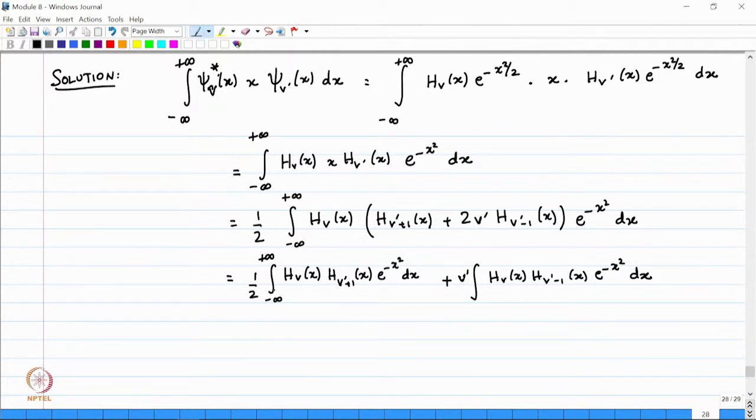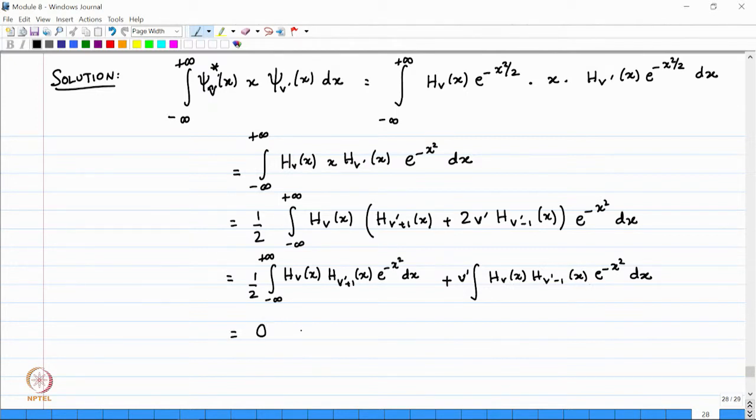So, you have these two terms. Now, using the orthogonality of Hermite polynomials, this is equal to 0 unless v equal to v prime plus 1. So, the first term goes to 0 unless v equal to v prime plus 1, second term goes to 0 unless v equal to v prime minus 1.